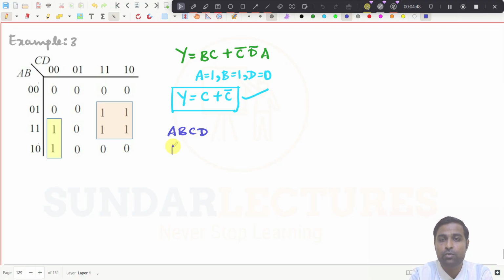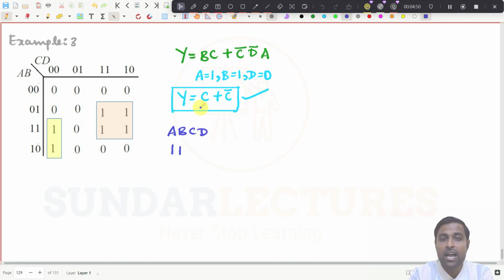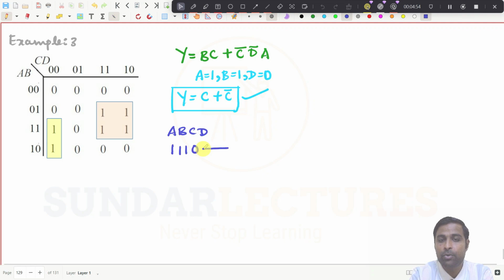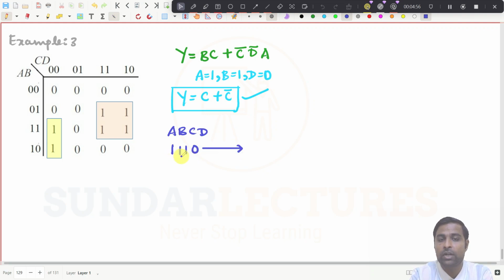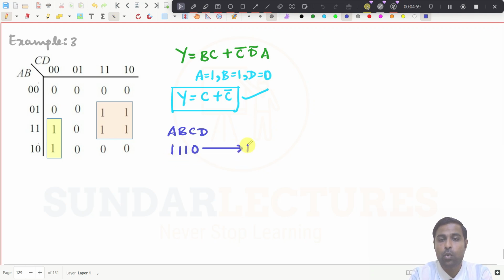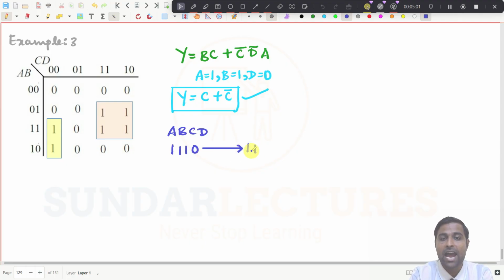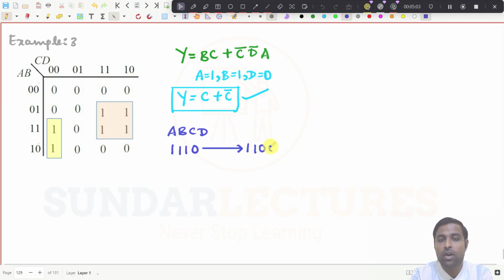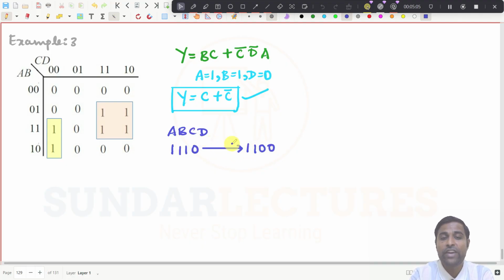So when your input is 1, b is 1 and c is 1, also d is 0 now, this input is changing from 1 1 1 0 to 1 1 0 0: b is 1, this c is going to become 0 and this d is already 0. So when this change is happening from 1110 to 1100, this particular expression logic circuit will have a static 1 hazard. This is the idea.